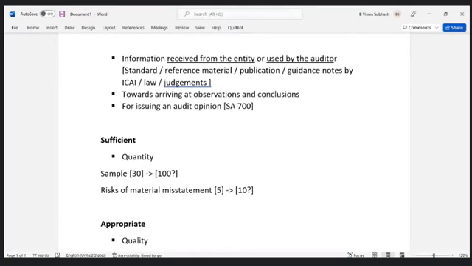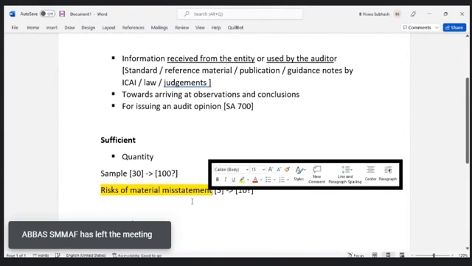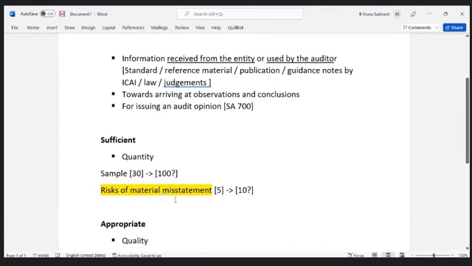If you believe this is a significant risk, if you believe the risks of material misstatement that you have identified are significant, then you may have to increase the sample size. So that is what is all about quantity. How much will you increase?